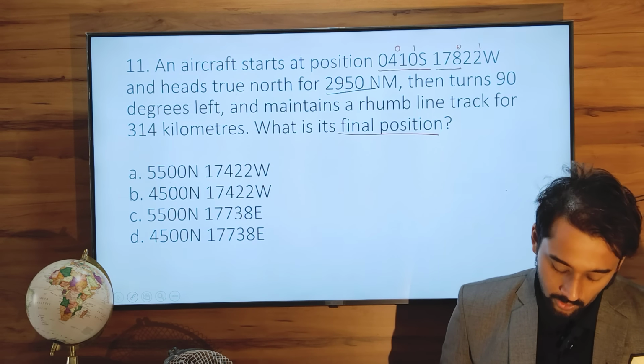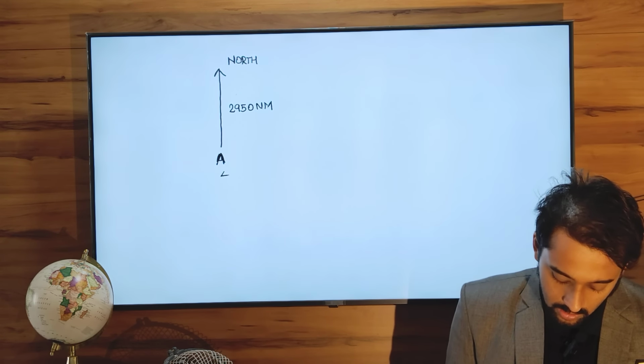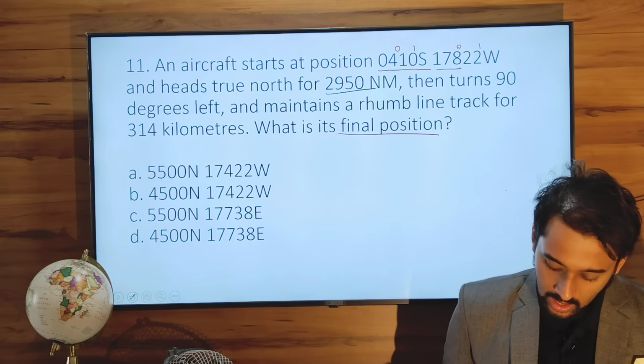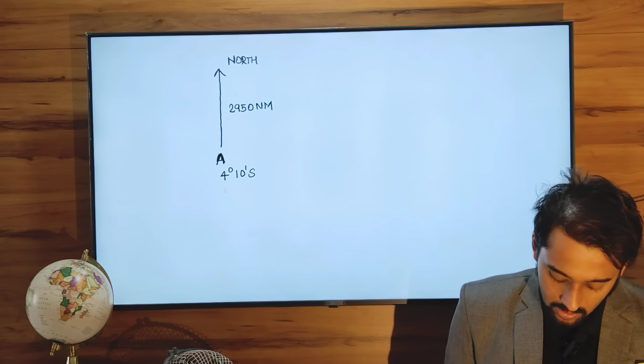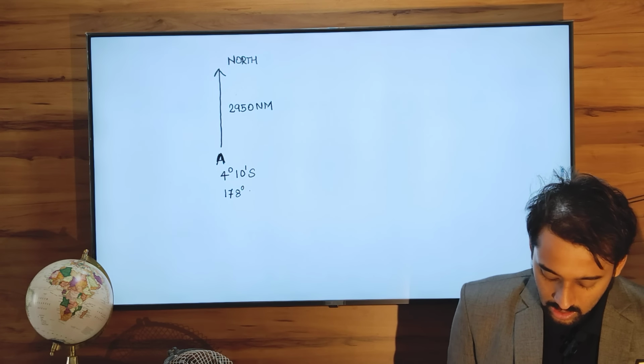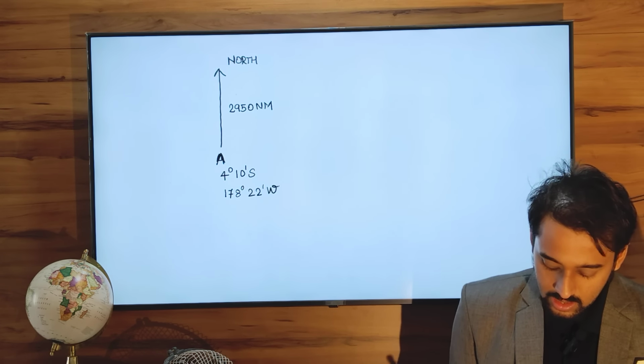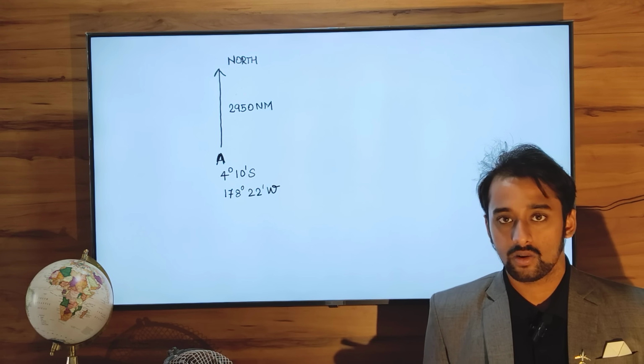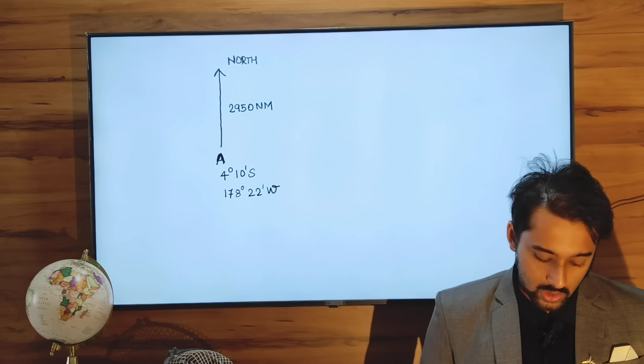Its coordinates are 4 degree 10 minutes south and 178 degree 22 minutes west.